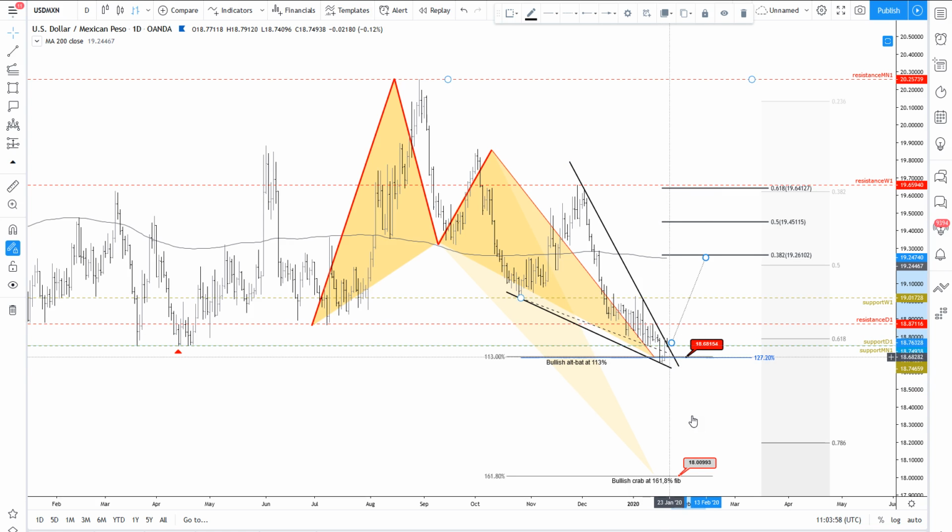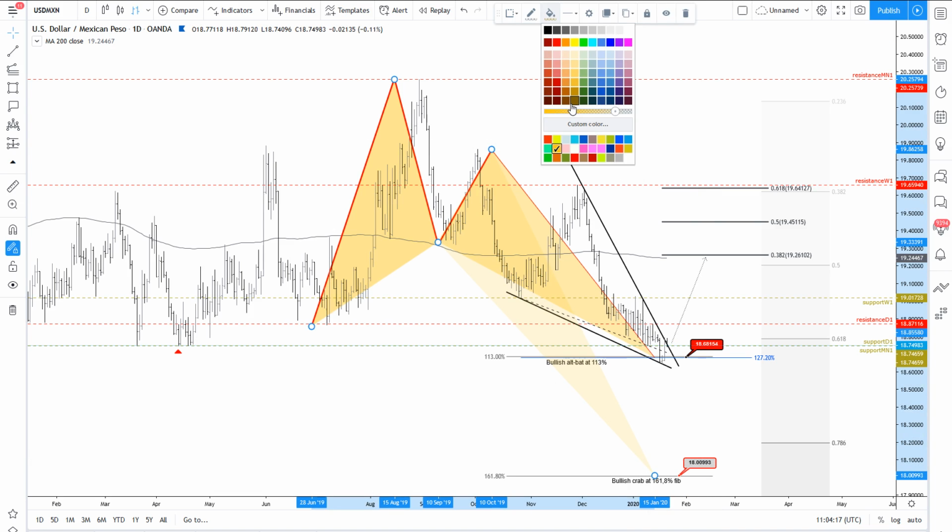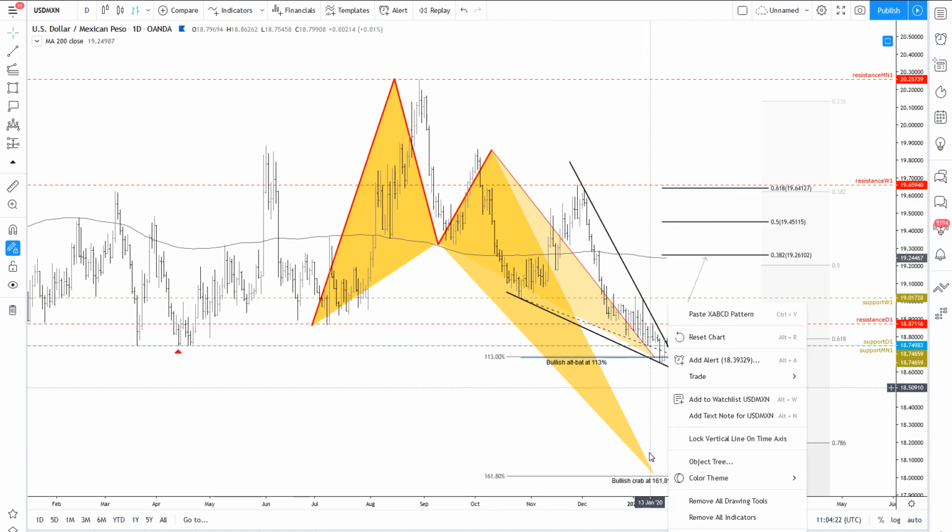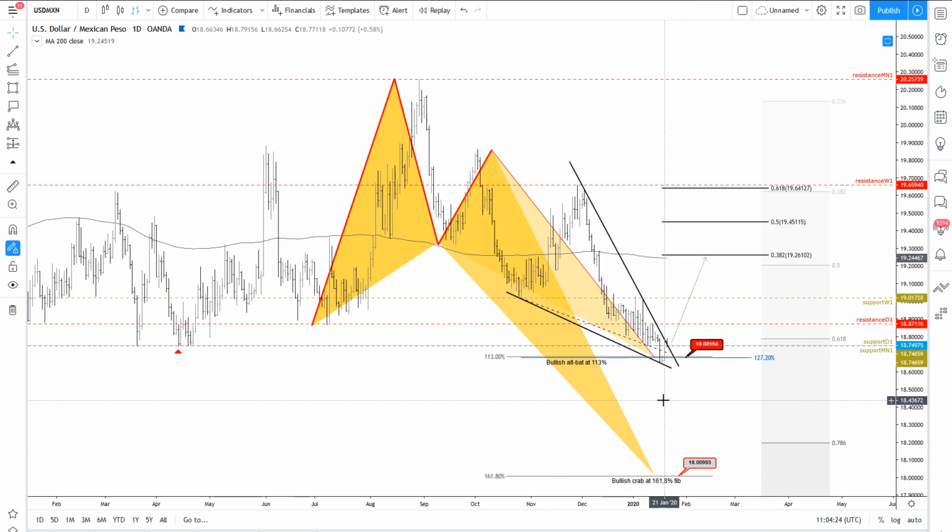And if that happens, I will not ignore the formation of this scrap pattern extended below at 168 extension, 1809. So that's where the pattern will complete. We never know if the pattern will complete there, but if the pattern fails above, we can start to assume that eventually the price will search for other pressure levels.